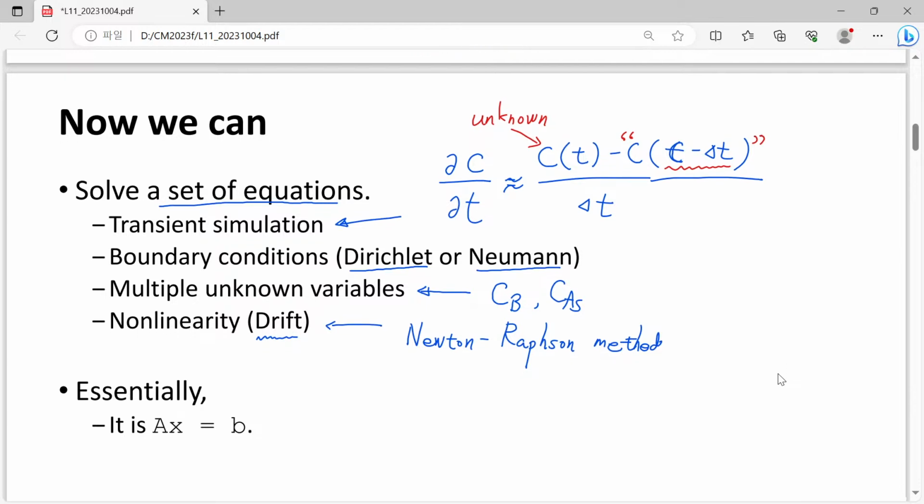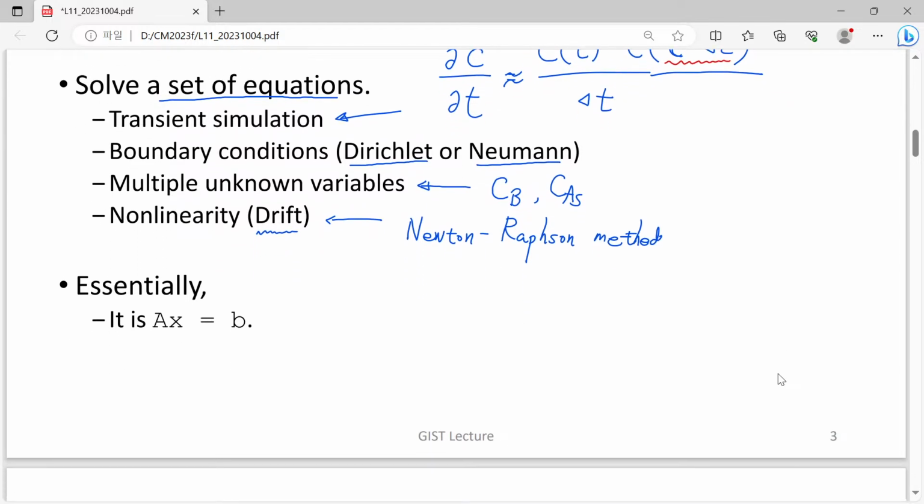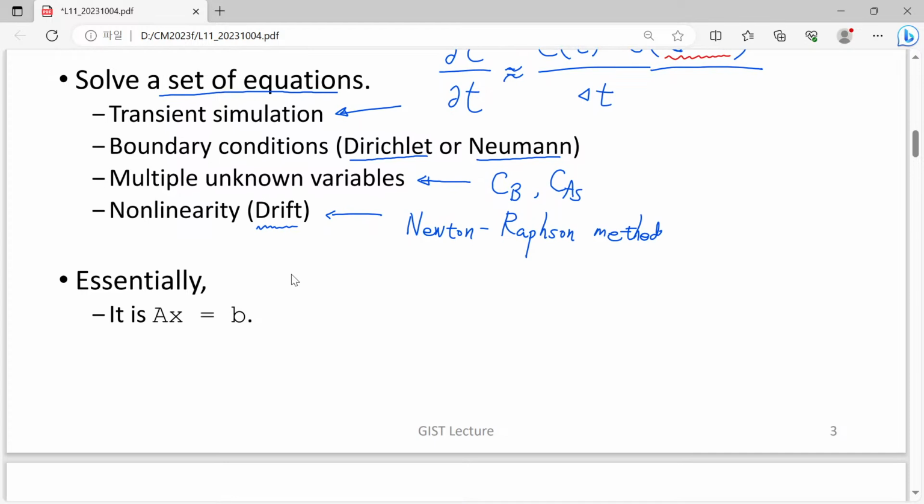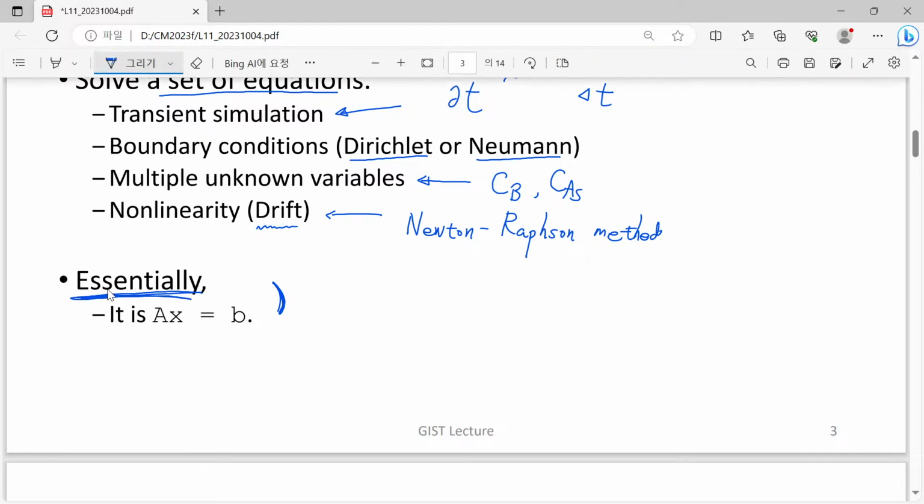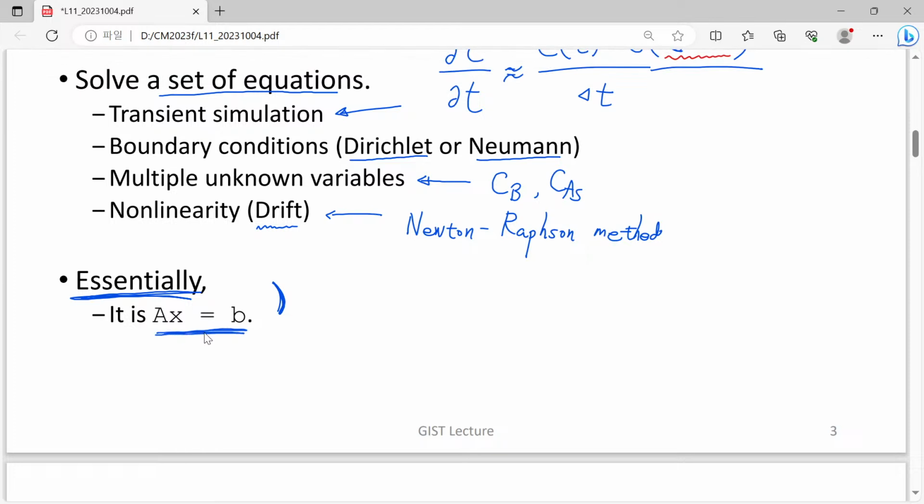Before diving into our device simulation part, I just wanted to say this one. After spending several lecture hours on process simulation, we have found that essentially the numerical solution of a set of differential equations is reduced to calculating the solution of Ax = b.